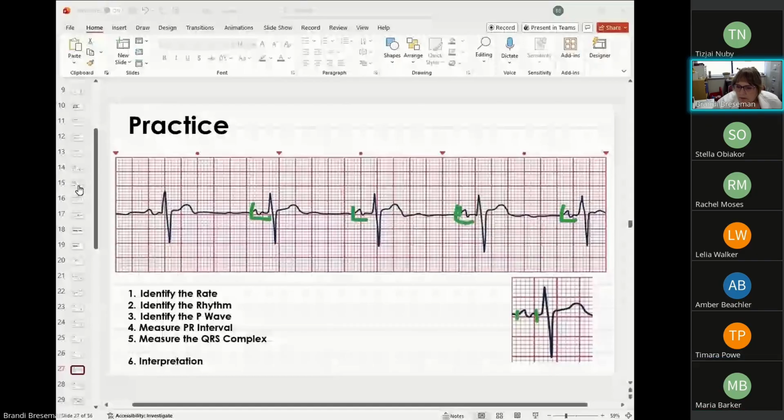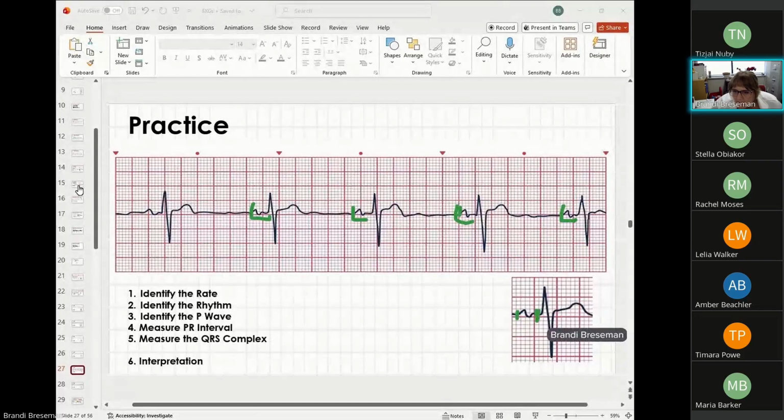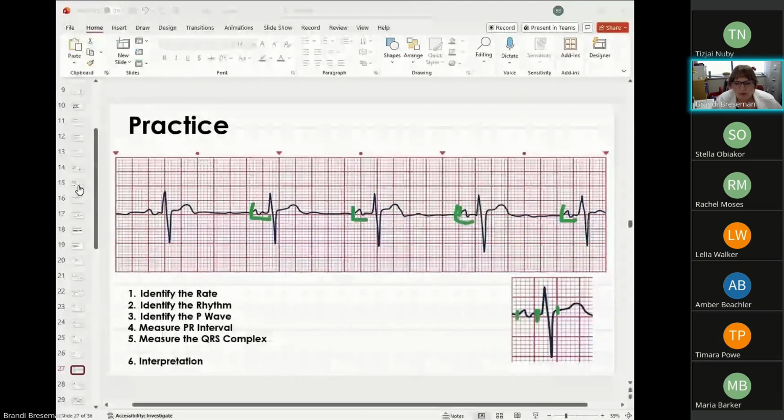So now we're going to measure our QRS. I measure about right in there, and then I stop it about right here, where we come back to or close to back to my isometric line. I have 1, 2, 3, maybe 4. So let's split the difference and call it 3.5. 3 times 0.04 is 0.12.